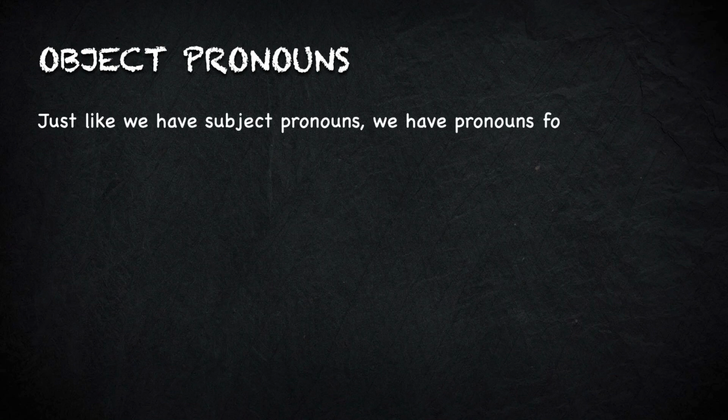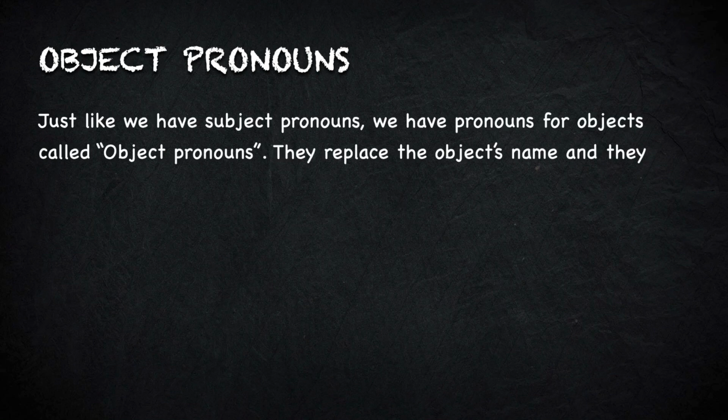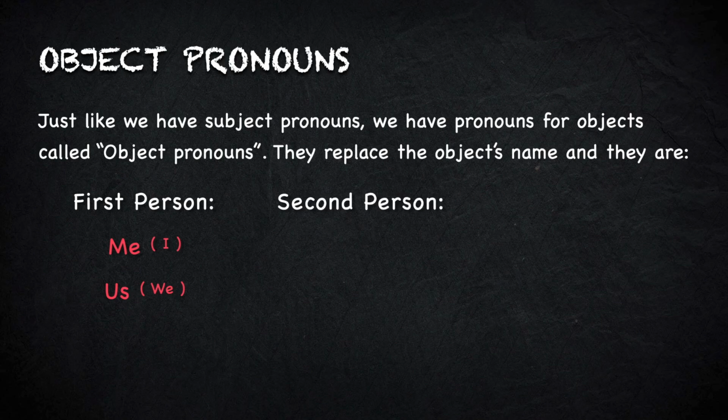Just like we have subject pronouns, we have pronouns for objects called object pronouns. They replace the object's name, and they are me for I and us for we in the first person forms. Next, we have you for you and you all for you all in the second person forms.